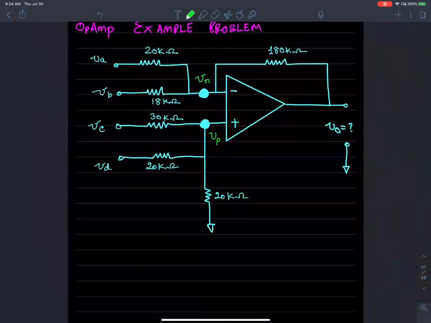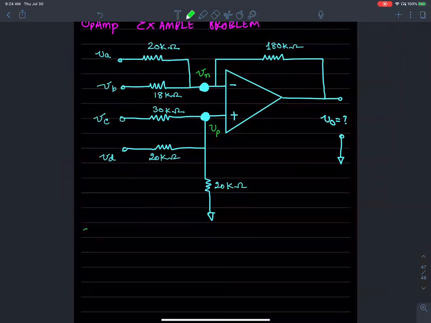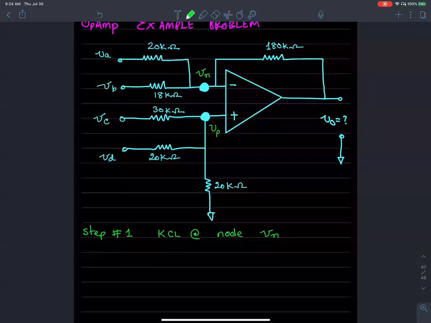Step one is always about KCL at node Vn. Remember, KCL at node Vn. Let me set up KCL at node Vn.